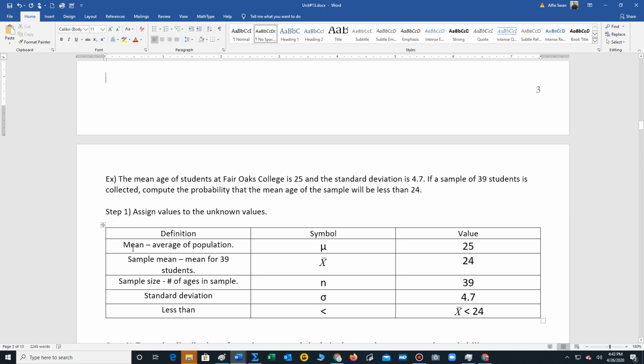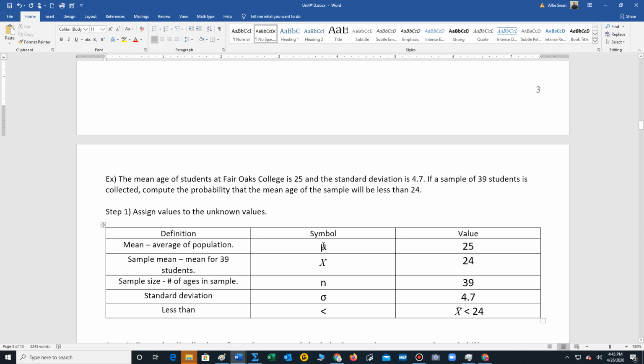So I like to assign variables just to clarify what each variable means given this type of problem. So remember, the mean, that's the average of your population. It's represented by mu, and that's going to be 25. The sample mean, that's the mean for the 39 students that we're collecting. It's represented by x bar.